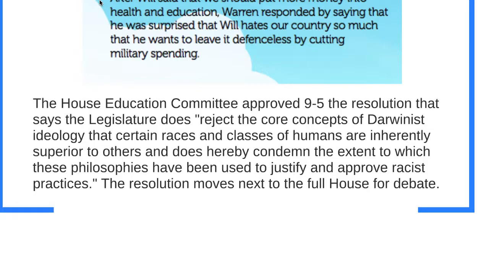The context of this is there was debate going on in Louisiana, this is from like 10, 15 years ago, as to whether or not evolution should be taught in schools. And so one of the arguments as to why evolution should not be taught in schools was this thing here, that they are rejecting the core concepts of Darwinist ideology that certain races and classes of humans are inherently superior.